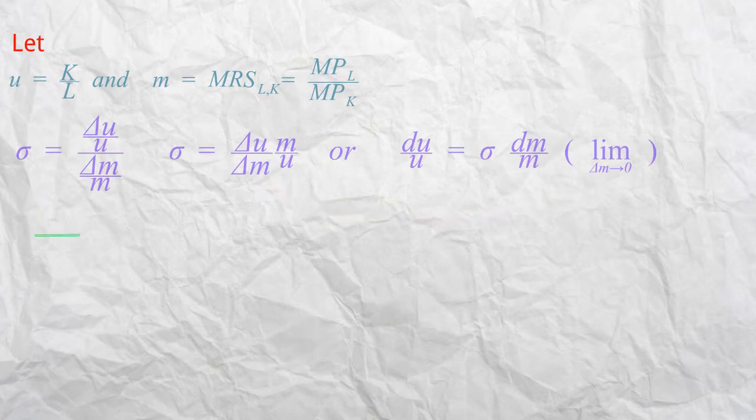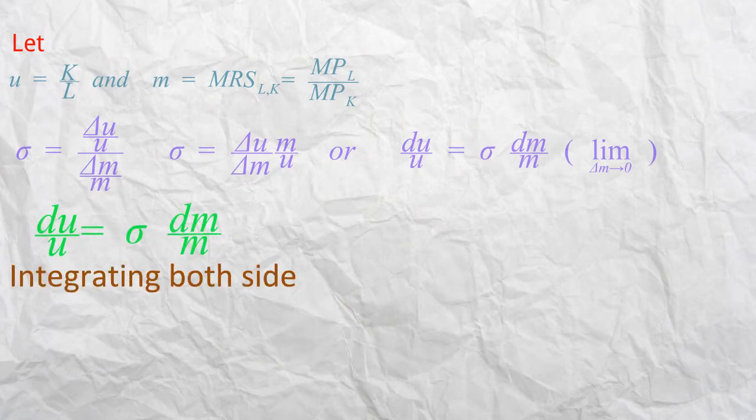Now, taking the equation dU over U is equal to sigma times dM over M, and integrating both sides, we get the integration of dU over U is equal to sigma, which is the elasticity of substitution, times the integration of dM over M. Simplifying, we get the integration of 1 over U times dU is equal to sigma times the integration of 1 over M times dM.